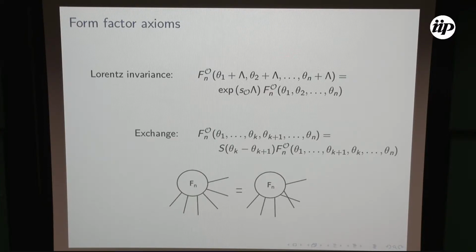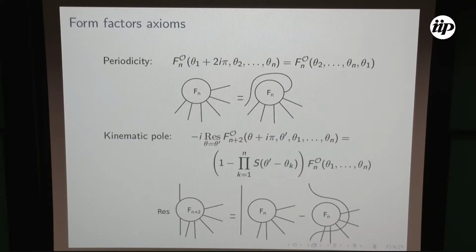You also have the exchange property: if two particles go into the form factor, you can exchange them, and that leads to a scattering matrix factor of the difference of their rapidities. This is the crossing when you swap two legs of the form factor.